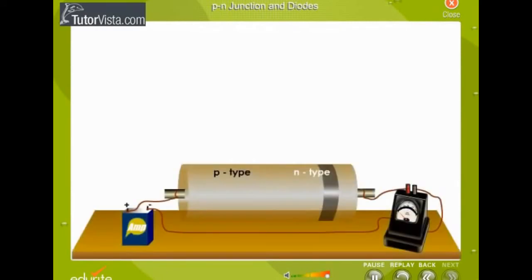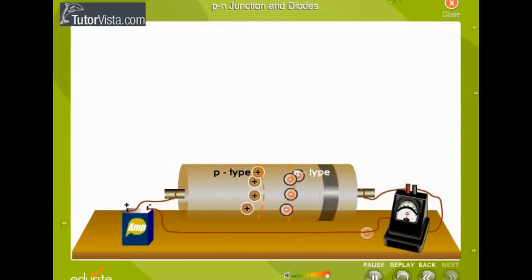Current flows through the junction if the p-n junction is connected to the battery as shown here. Holes and free electrons enter the depletion region due to repulsion at the respective terminals. The reduction of the potential difference and the width of this region causes a large number of majority charge carriers to diffuse across the junction.